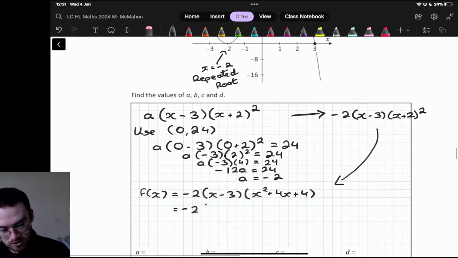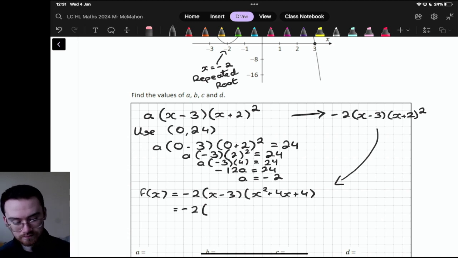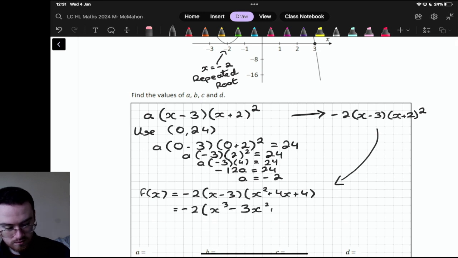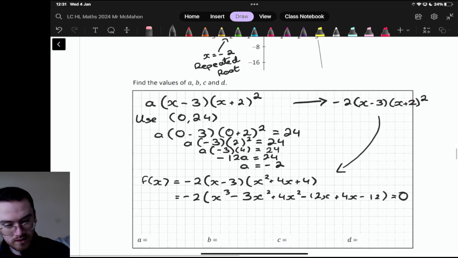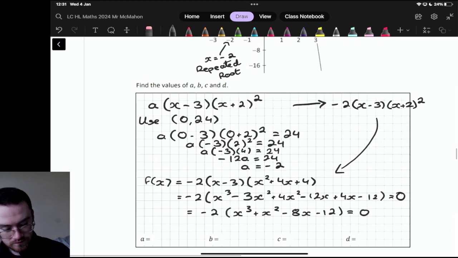Then we'll keep the minus 2 until the end, so we can multiply out the next bit. That's going to give us x cubed minus 3x squared plus 4x squared minus 12x plus 4x minus 12. And we can tidy up what's on the inside here: x cubed plus x squared minus 8x minus 12.